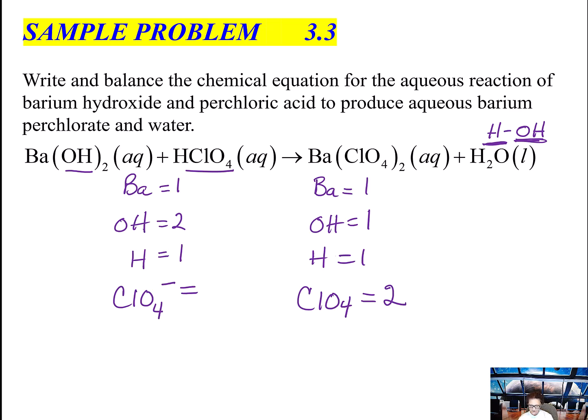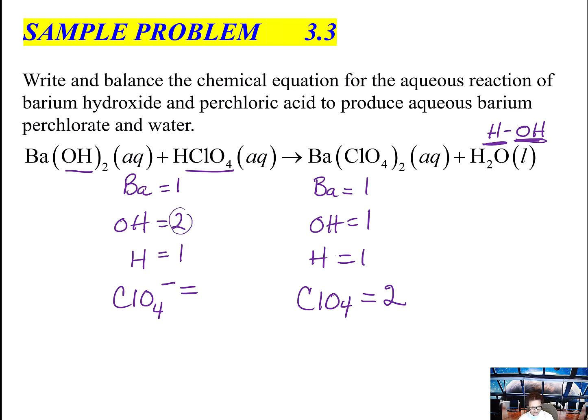I've got hydroxides and I've got chlorates. All right, so you can pick whichever one you want because it's not an oxygen, it's a hydroxide. Okay, so I'm going to do, let's say, hydroxide first. If I do hydroxide first, I've got 2 on the left side of the arrow, so I need 2 over here.